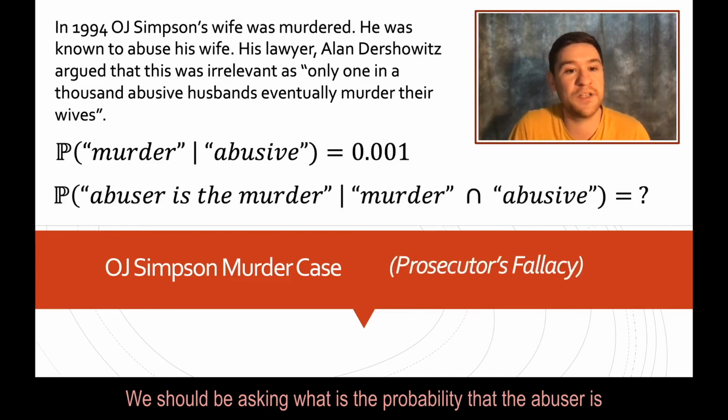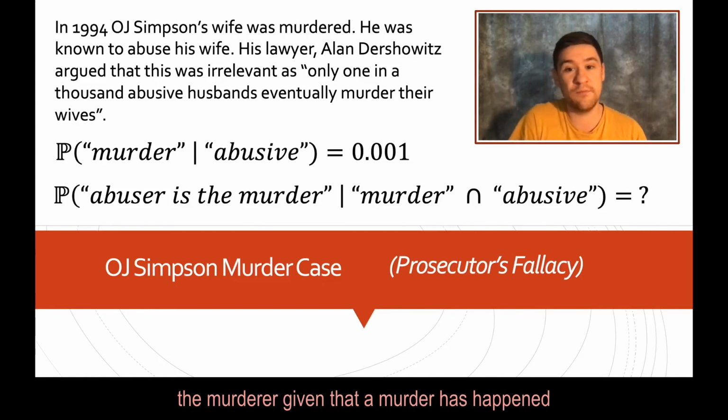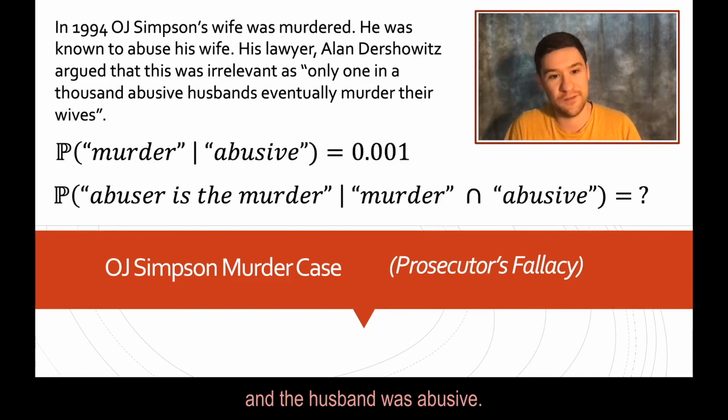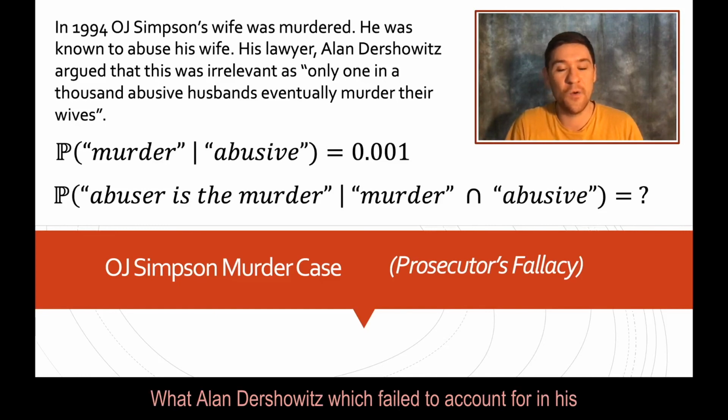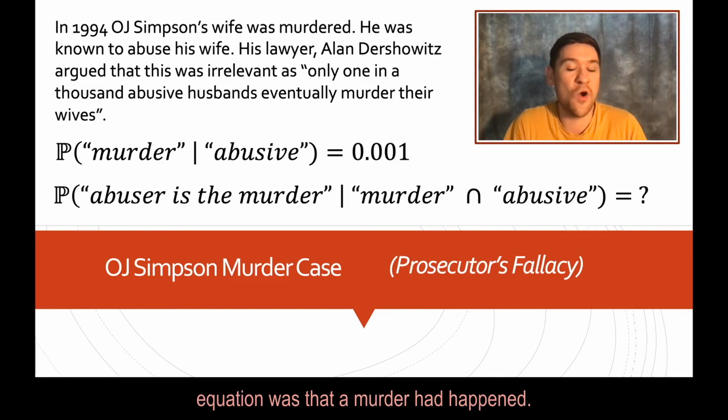We should be asking, what is the probability that the abuser is the murderer, given that a murder has happened and the husband was abusive? What Alan Dershowitz failed to account for in his equation was that a murder had happened.